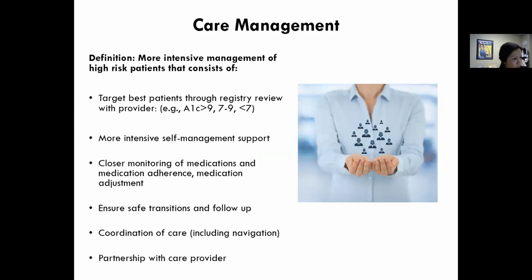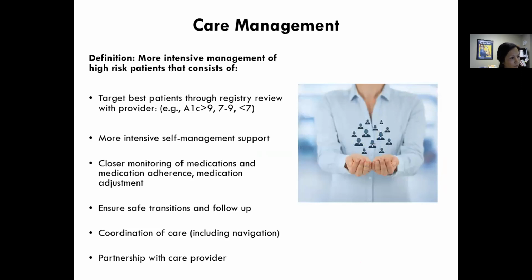They're probably transitioning around in the system from the hospital to back to you, maybe to other specialists. So you've got to make sure that the transitions are safe and that there's good follow-up after a transition. We know basically that if a patient comes out of the hospital for whatever reason and primary care follows up within 7 days, it reduces ER visits or readmissions by up to 50%.